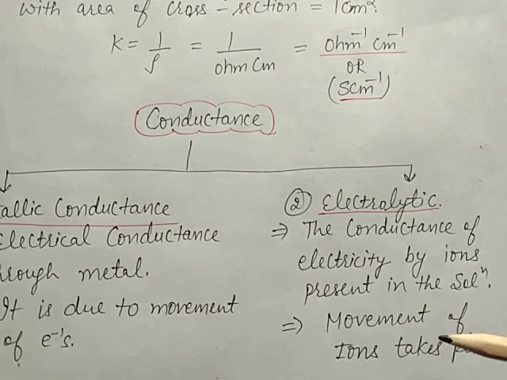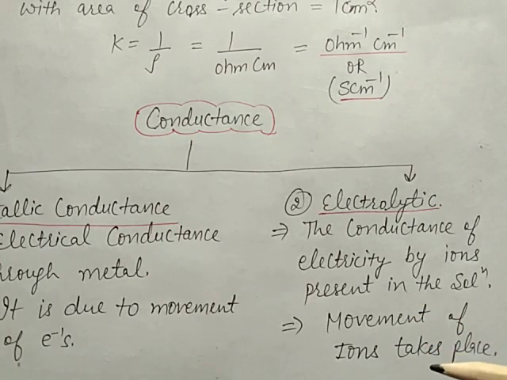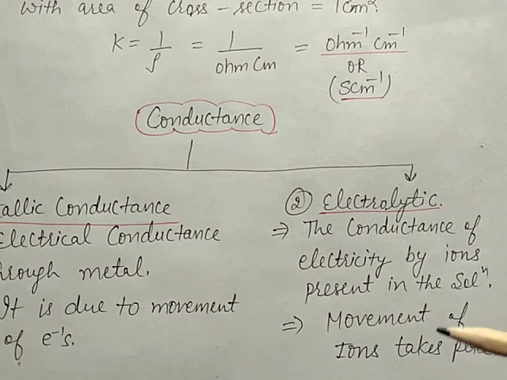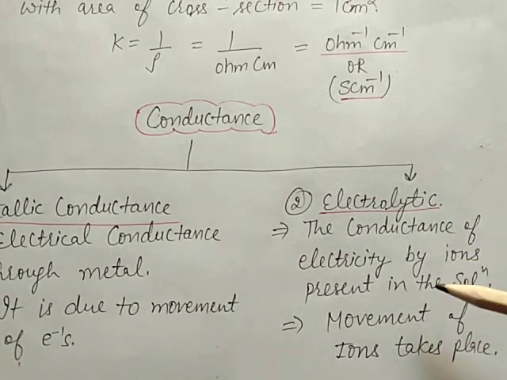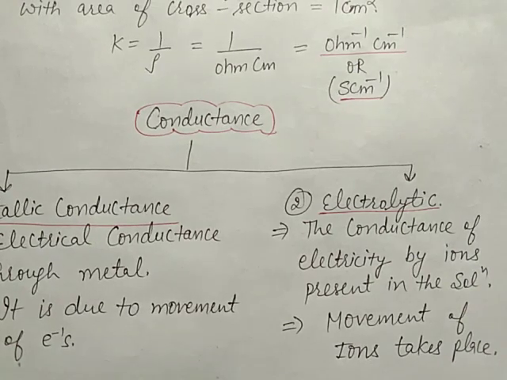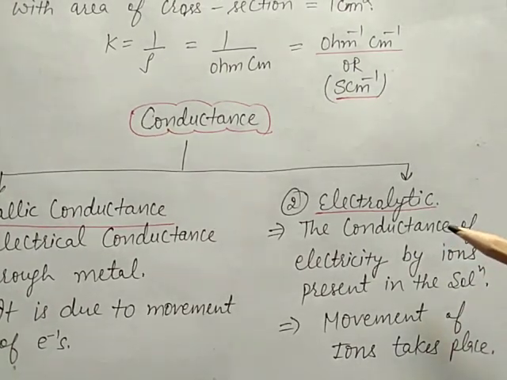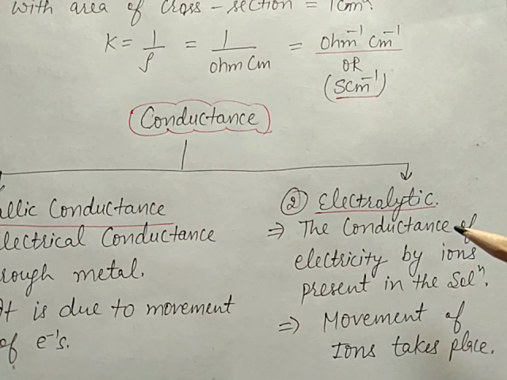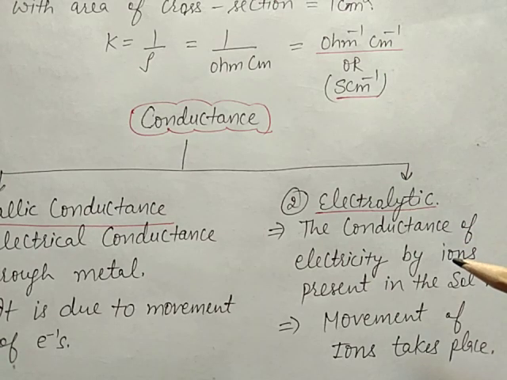It takes place with the help of movement of ions present in the solution. It depends on the nature of the electrolyte or interionic attractions. Means the lesser the solute-solute interaction, the greater will be the freedom of movement of ions and the higher will be the conductance.